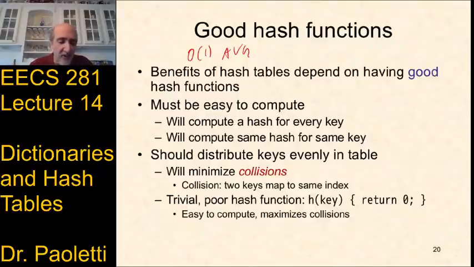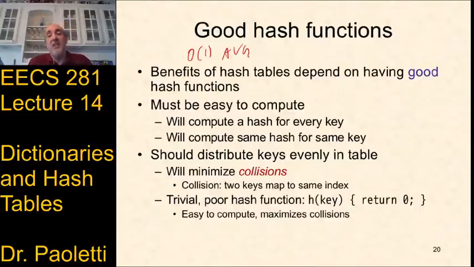The other thing it has to do is it has to always compute the same hash for the same key. So if I hash banana and it says 1, and so I put banana at index 1, and then later on I say, hey, let's look up banana. And this time it says 12. I go look at index 12 and there's no banana there.